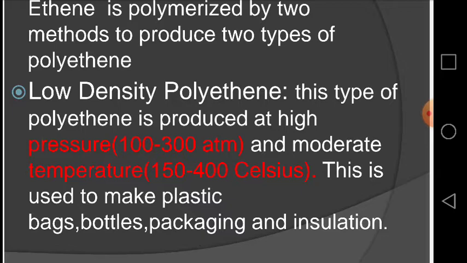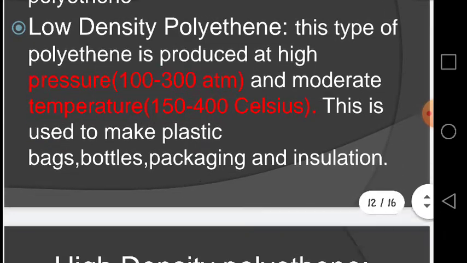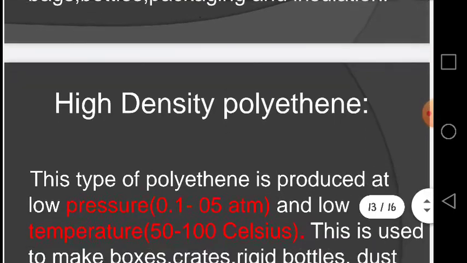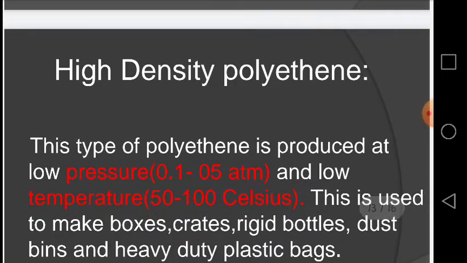At the high pressure and temperature, the ethene molecules don't come very close to each other, so they produce large volumes and the density becomes low. And this is used to make plastic bags, bottles, packaging and insulation materials. Another way to produce polyethylene is high density polyethylene.